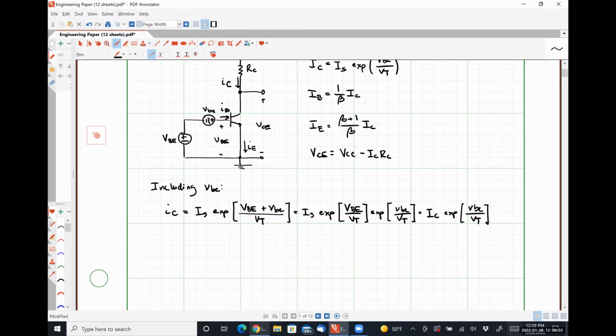So we're going to put a constraint here, for lowercase VBE less than VT. Typically, VBE needs to be smaller than 10 millivolts or so for this to be true.